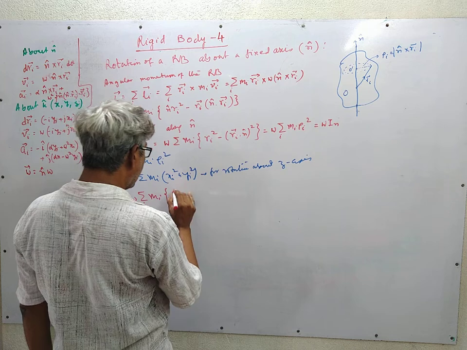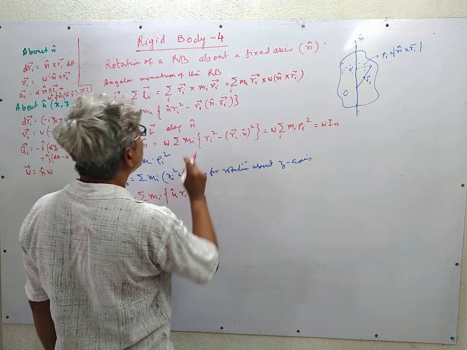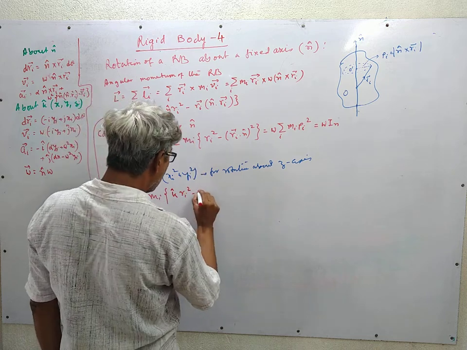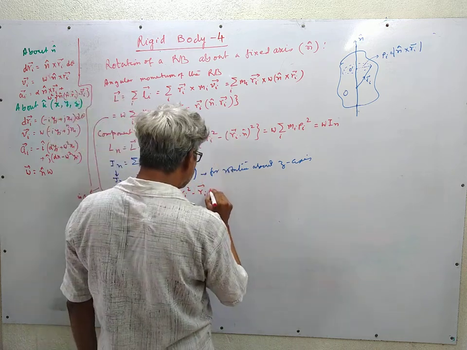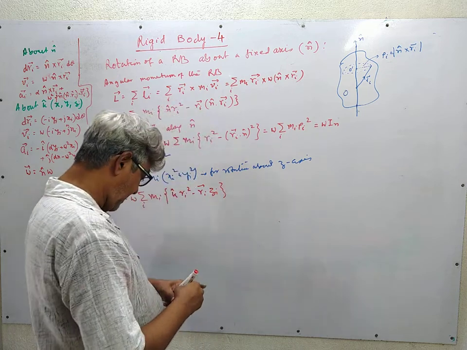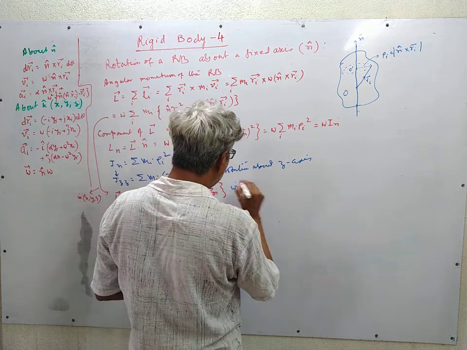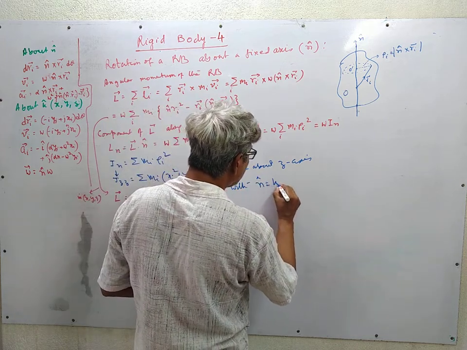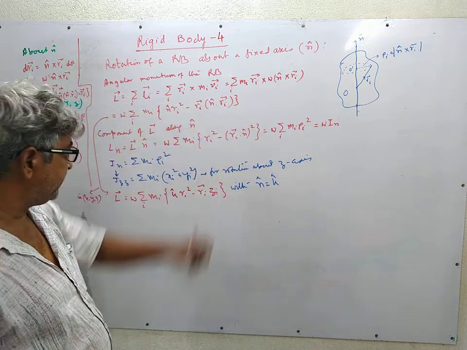So this is k cap ri square minus ri, and this is simply zi, wherein we have chosen that n cap is equal to k cap, so that this part is simply zi.